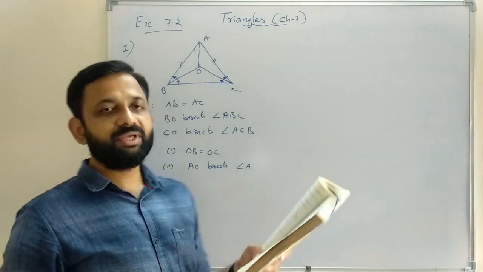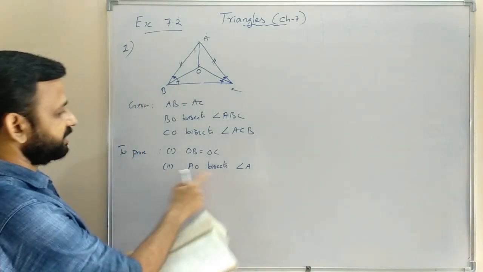Then we need to prove OB equals OC and AO bisects angle A.